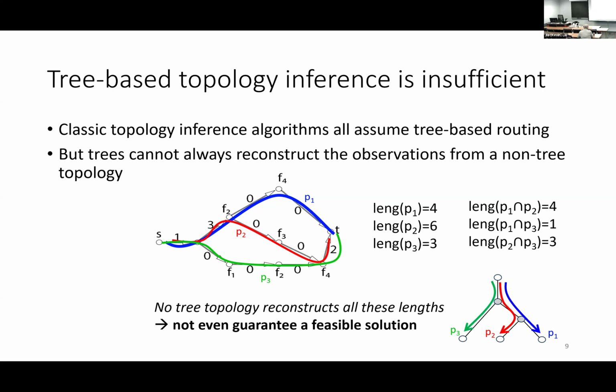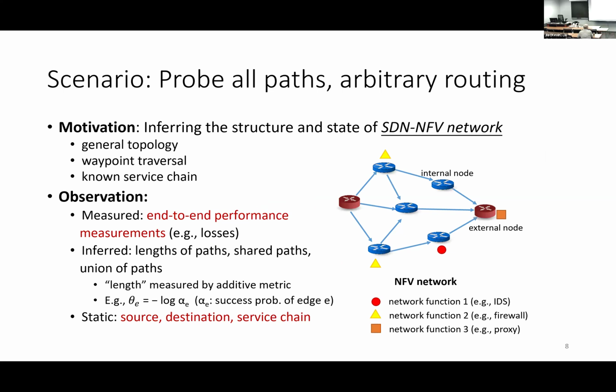Sorry, can I ask another question? In your model, these alpha i's are independent. That is correct. The spatial independence assumption is always there, inherited from the existing topology inference works.